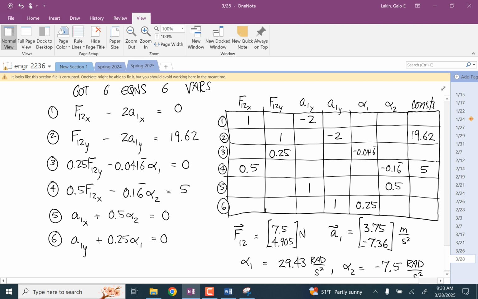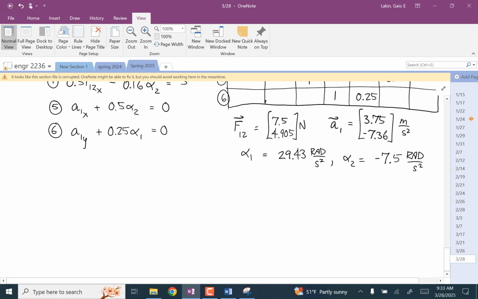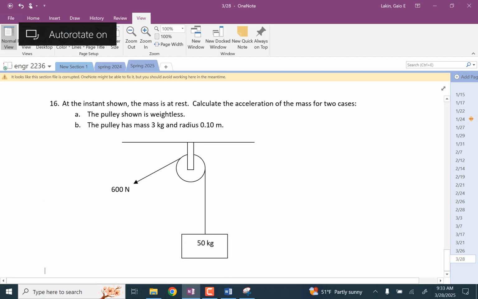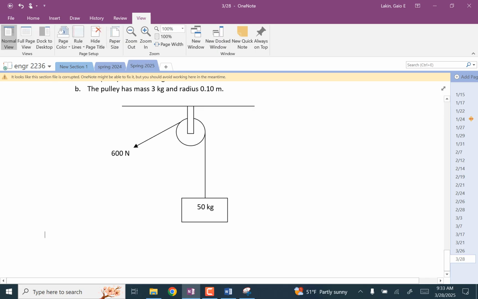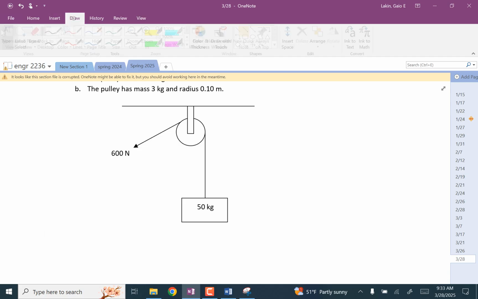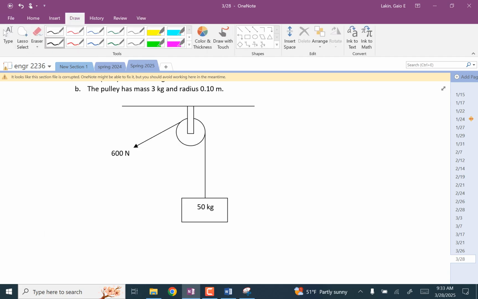It doesn't, and I'll show you why. Okay, so notice that when we isolate the pulley, we're going to have a force here and a weight.